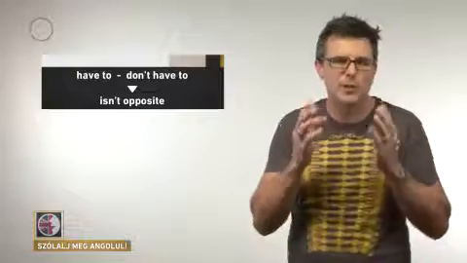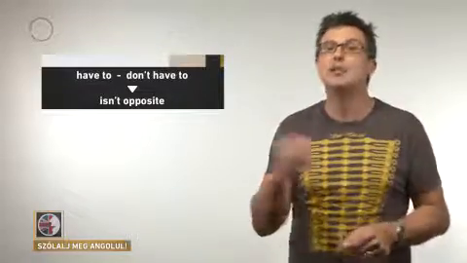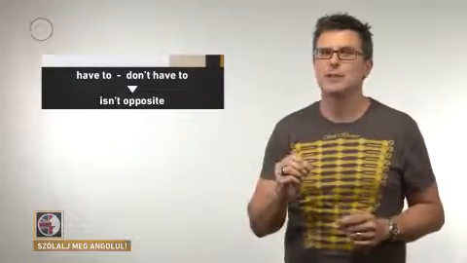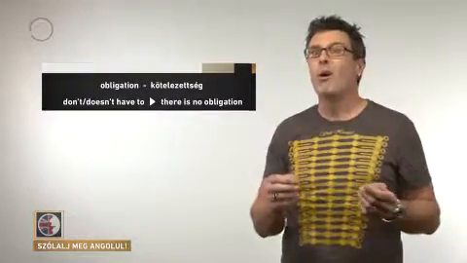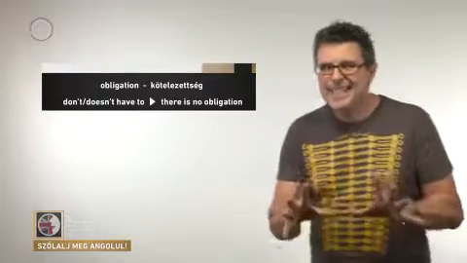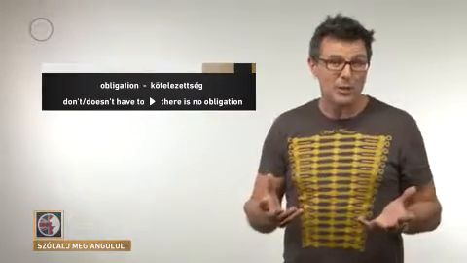It's talking about strong obligation. But when we add not, when we change have to into don't or doesn't have to, then we don't get strong obligation, we get no obligation. Odd, huh? Yes, it's pretty odd, but that's what we get.